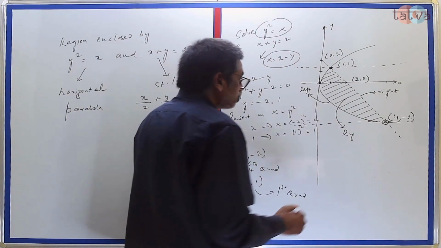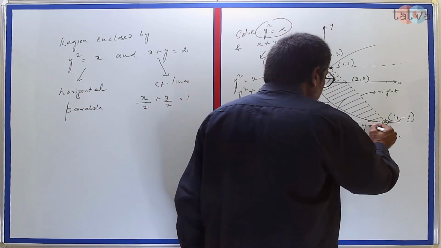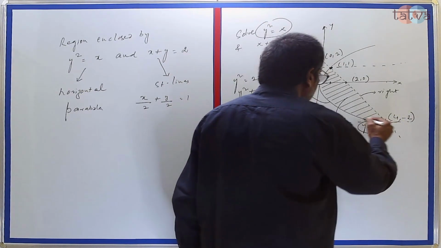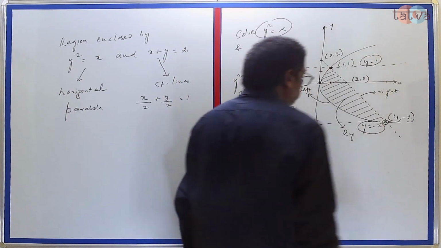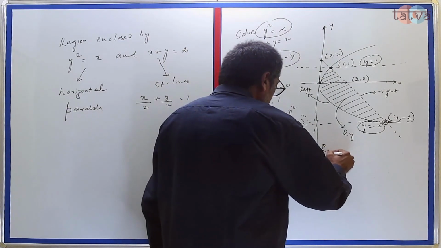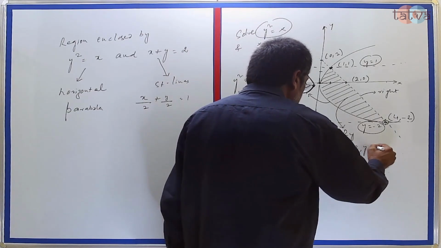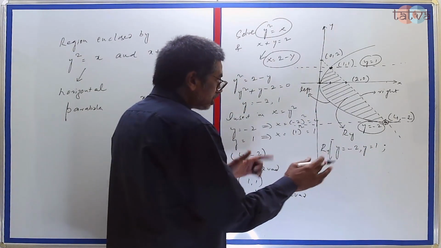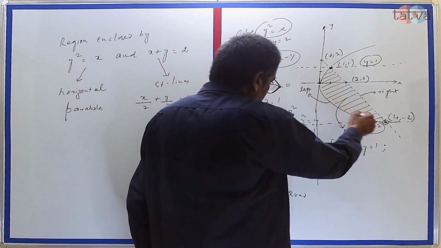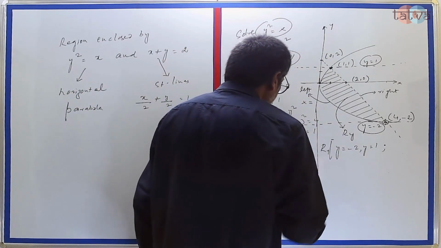Now let us write the equations. For the Ry region, the lower y will be y is equal to -2, and the upper y will be y is equal to 1. So let me describe this as Ry: y is equal to -2 to y is equal to 1, semicolon. Now comes the x limits. Go to the left curve, write that as x as a function of y.